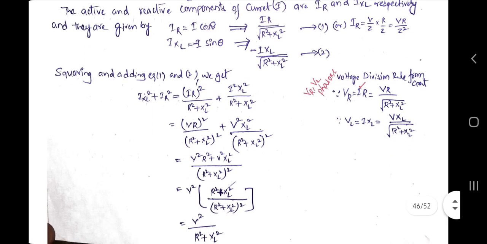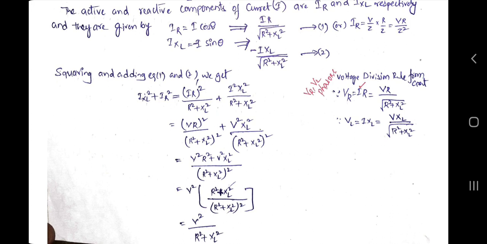Now adding these two, IXL square plus IR square is equal to I square R square by R square plus XL square plus I square XL square by R square plus XL square. The denominator is the same, so the above equation reduces to V square R square plus V square XL square whole by R square plus XL square whole square.